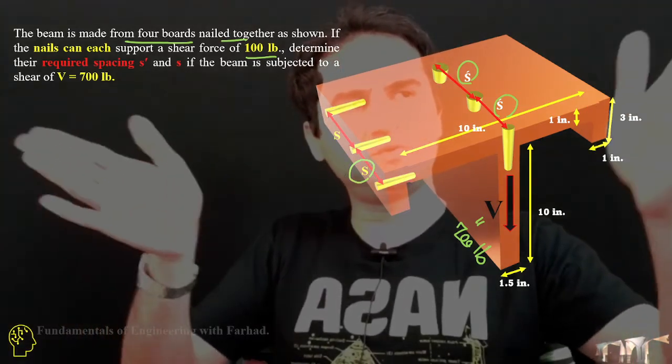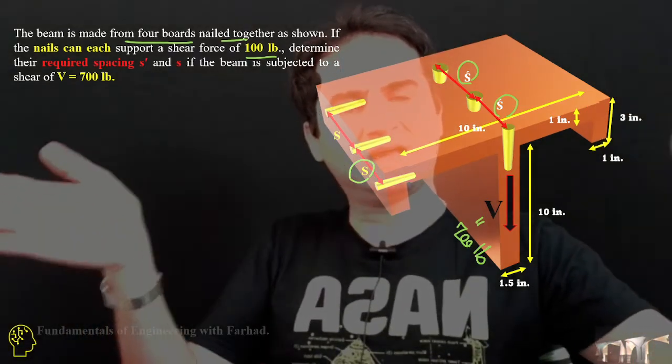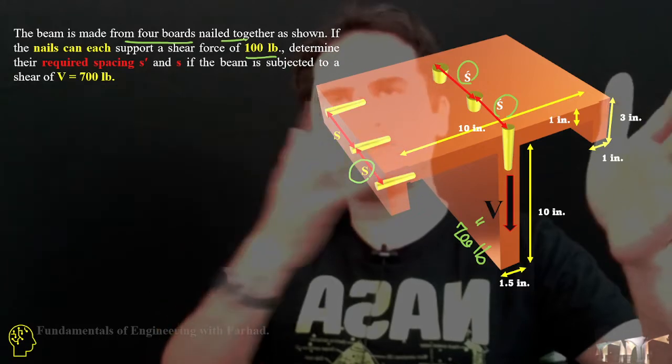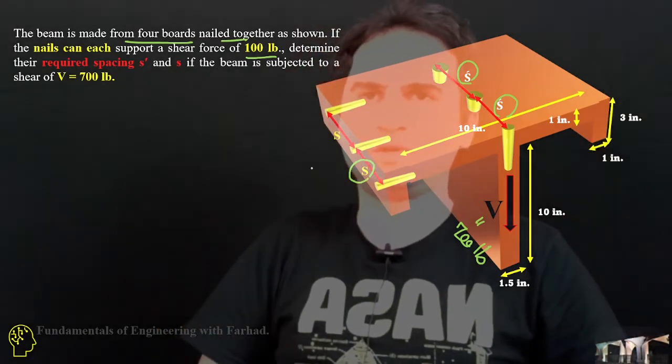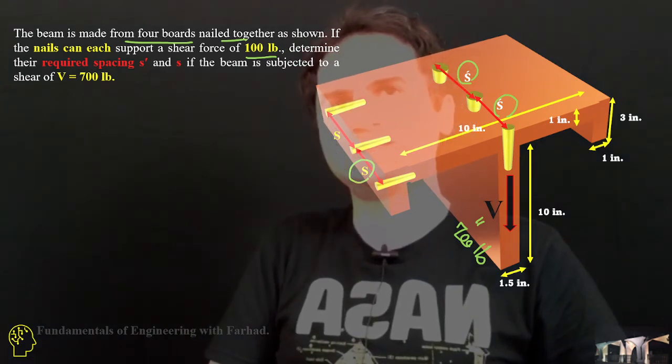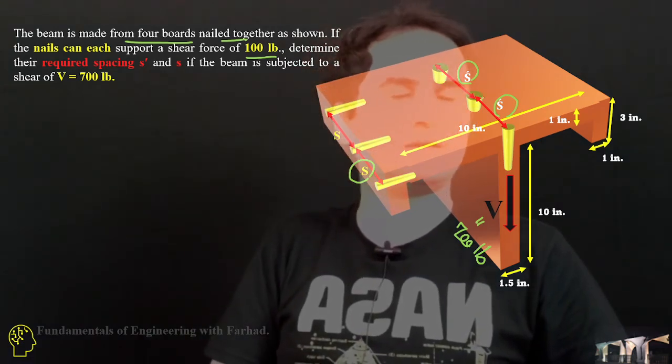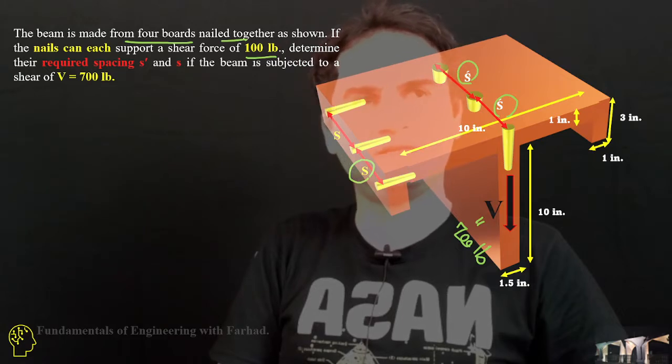So there are two extra parts attached with the nails to the top flange, and they are at the spacing of S. So two sets of nails with the same capacity and different spacing.